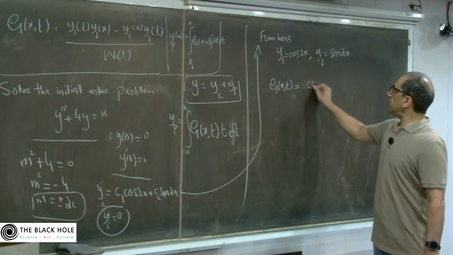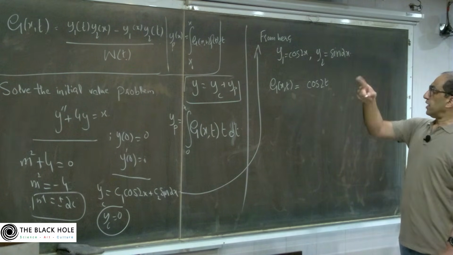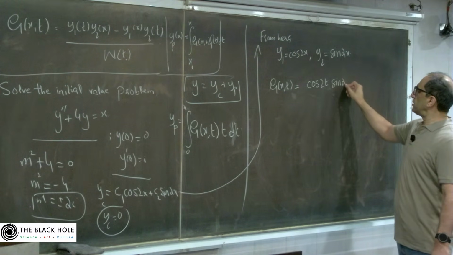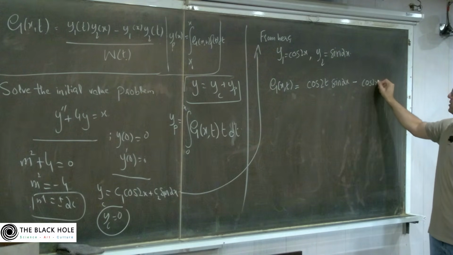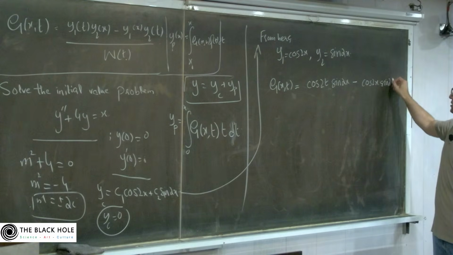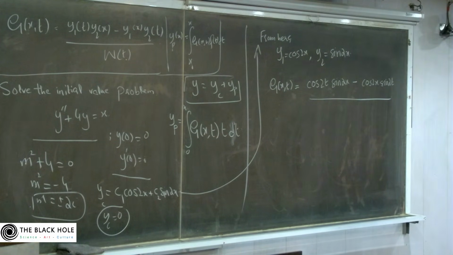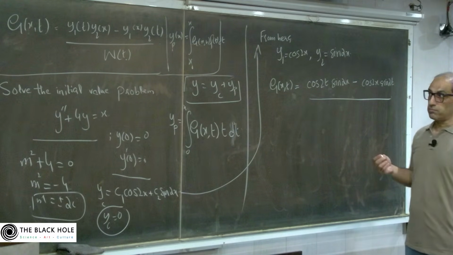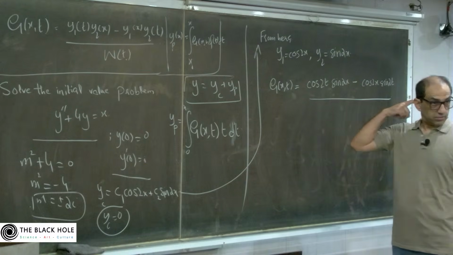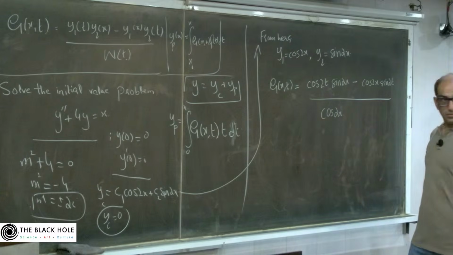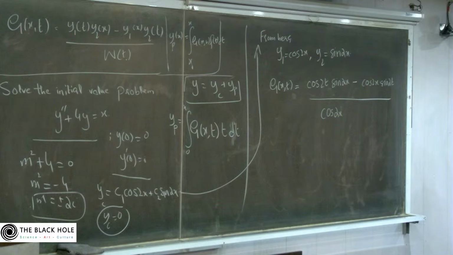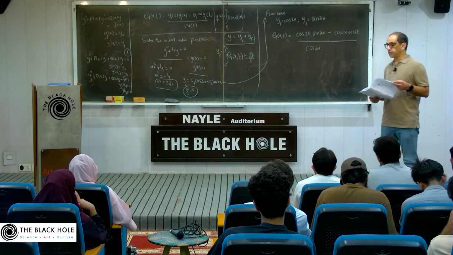So y1 of t would be cos of 2t, then y2 of x, sine 2x, minus y1 of x, which is cos 2x, and sine 2t, divided by W, and W is what? y1, y2 prime. Just have a look at your notes. What did we write when we wrote down the W?